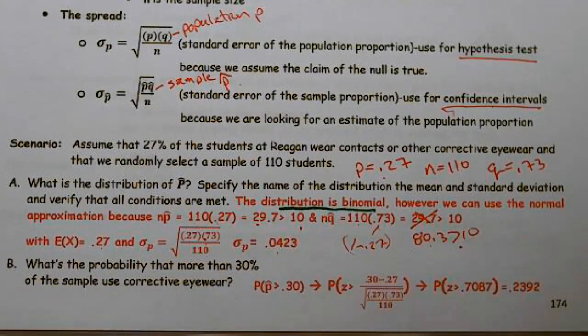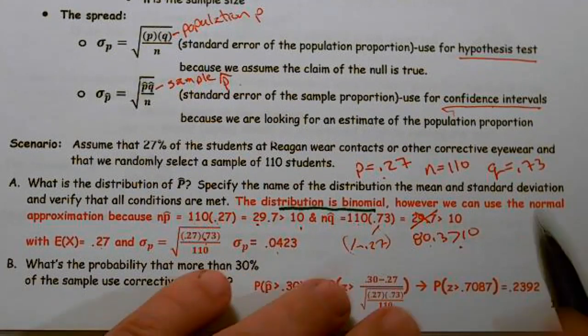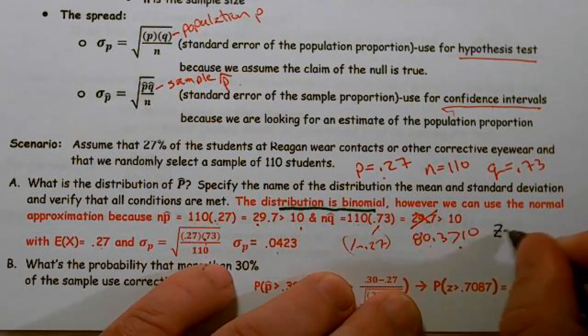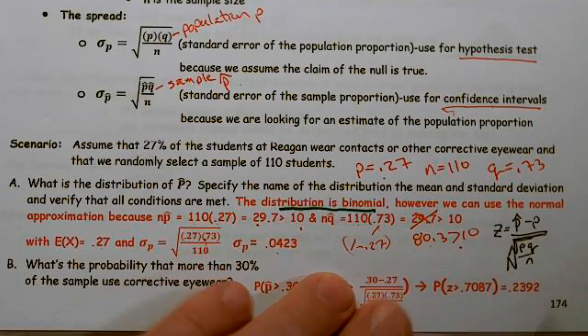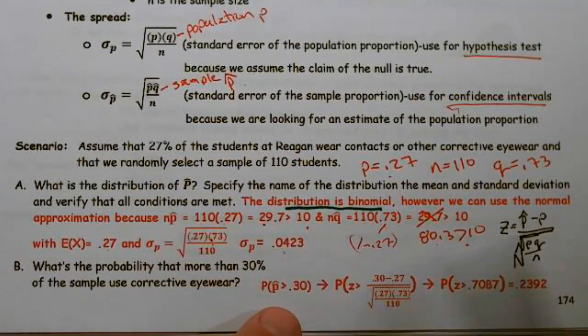For calculator purposes, let's start with our formula, as we said earlier: Z equals P hat minus P over the square root of PQ over N. P hat is 0.30, P is 0.27, Q is 0.73, and N is 110, so we plugged all our values in.